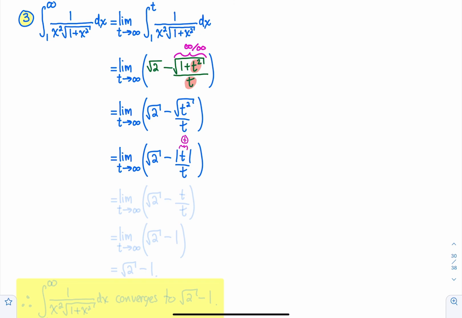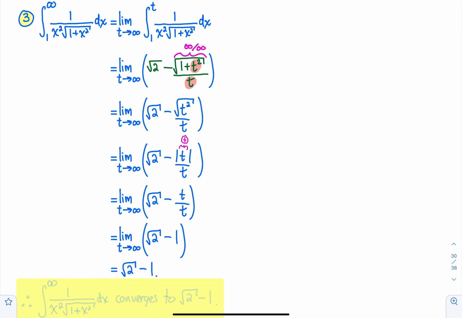So this will become the limit as t goes to infinity of t over t, and that simplifies to a nice 1. So now we have the limit of the square root of 2 minus 1, and that's just going to be equal to the square root of 2 minus 1.